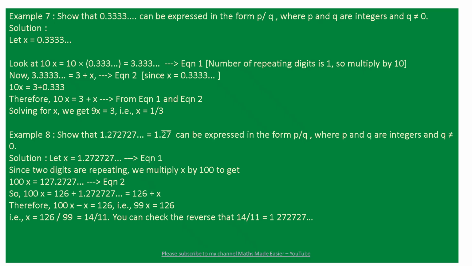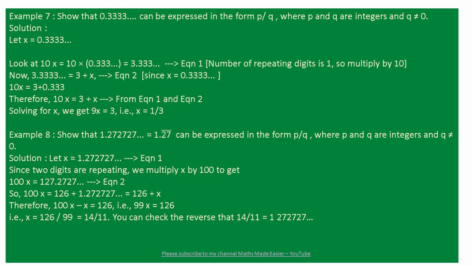Coming back to example 7, we have seen that the first equation gives rise to 3.3333. Writing 3.3333 in terms of x as 3 plus x, let's consider this as equation number 2.